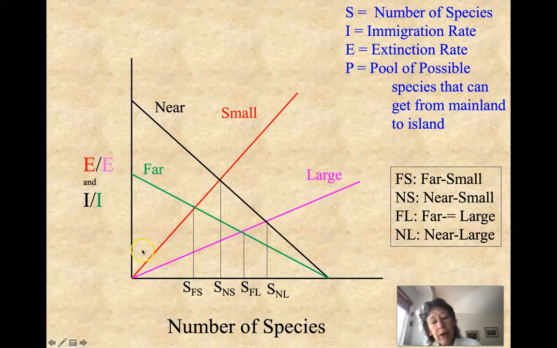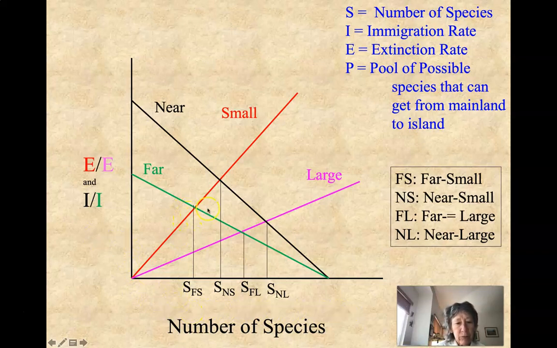And so we can combine all the graphs into this graph here that compares immigration and extinction rates for small and large islands that are near and distant to the mainland, and we compare those equilibrium numbers of species.